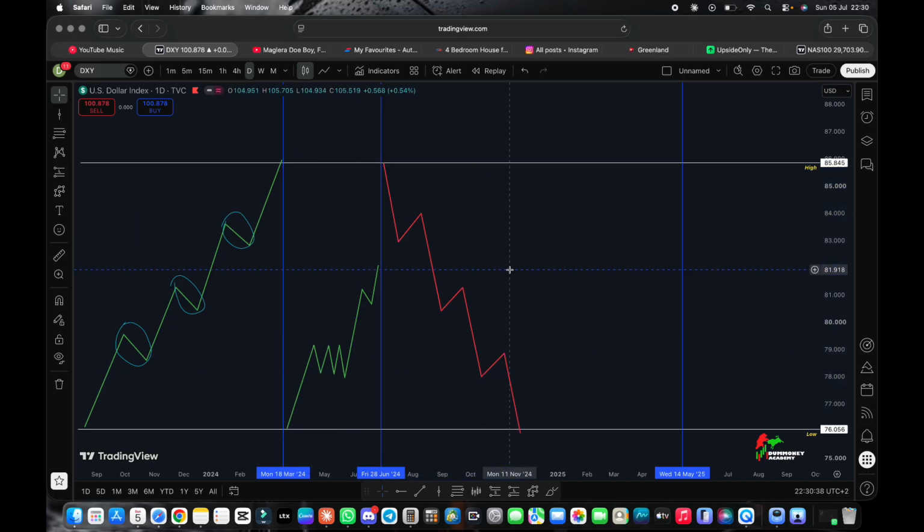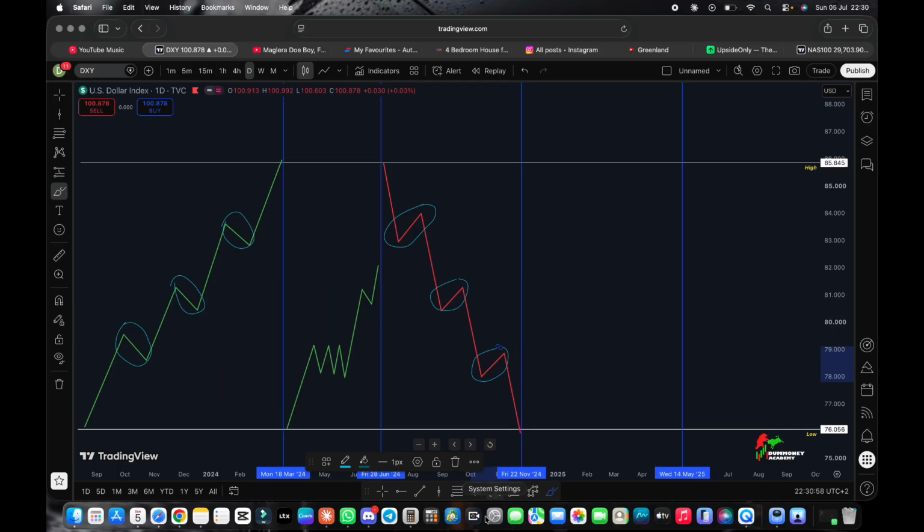And then on the sell side, it's very much straightforward and simple as well. So we're just going to be looking at this. These are the pullbacks we're going to be looking for.